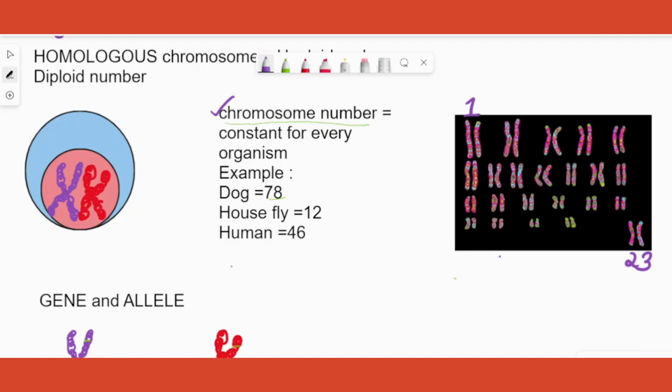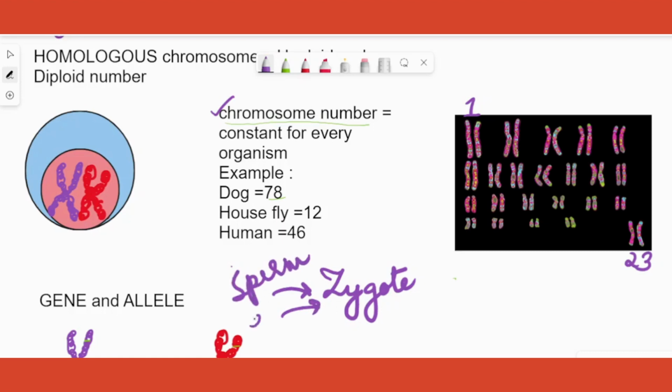Why in the form of pairs? Any organism you take, whether multicellular or a unicellular eukaryotic organism, has finally become a huge organism from the first cell, called the zygote. The zygote has evolved from the fusion of a sperm and an egg, correct?